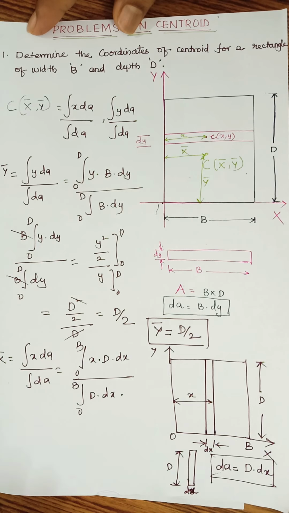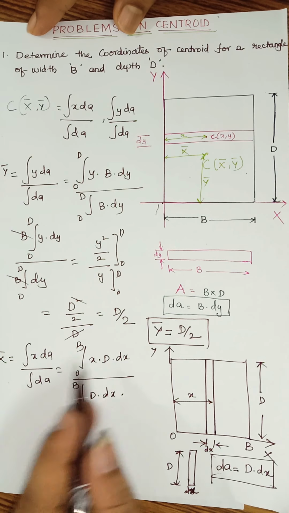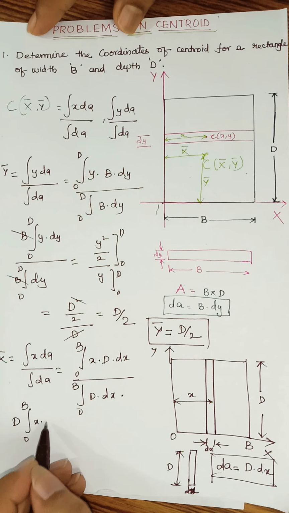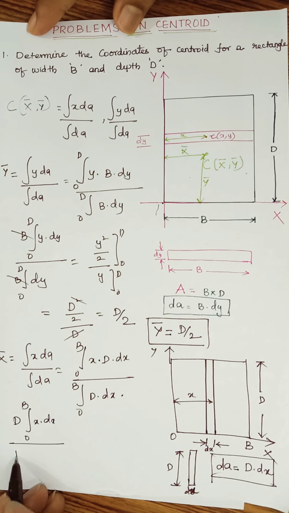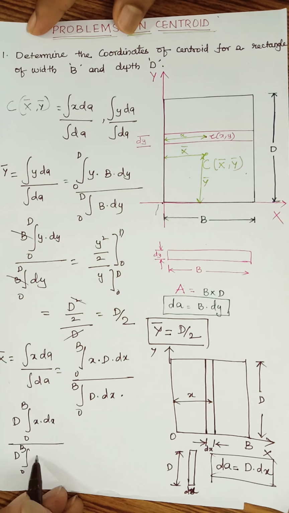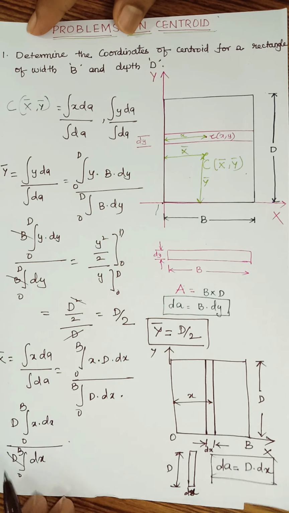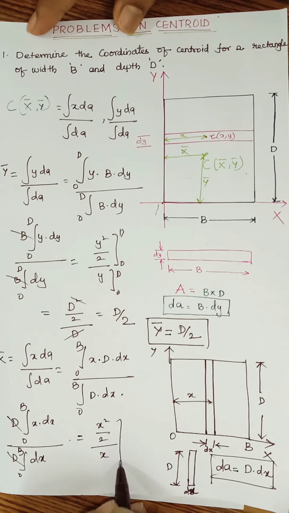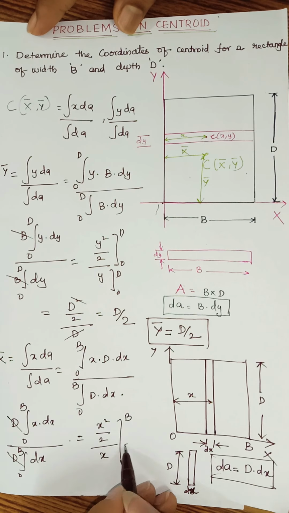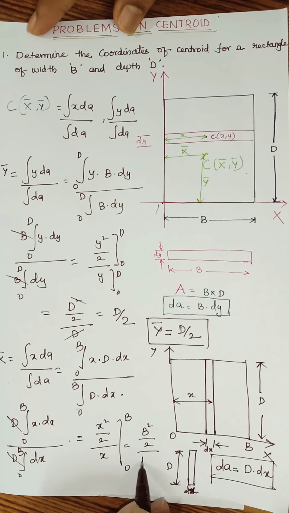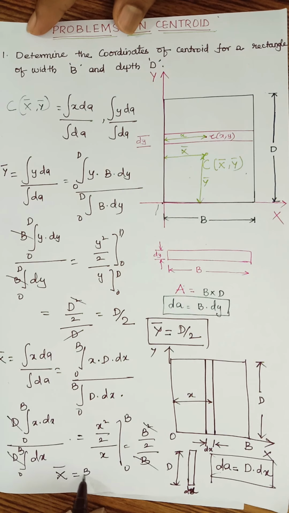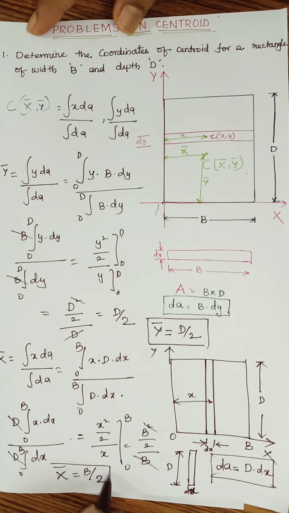Now D is constant, so take it outside: D integral 0 to b x dx by D integral 0 to b dx. So D gets cancelled again. This is x square by 2 by x, with limits of integration 0 to b. I can write this as b square by 2 by b. So the x coordinate of centroid is equal to b by 2.